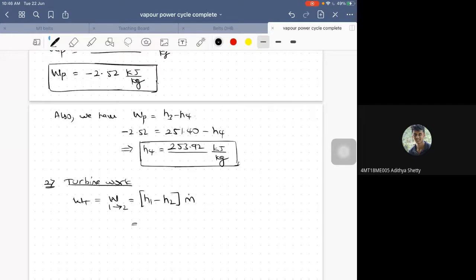It is 2801.7 minus 2067.29, multiplied by the m dot value, which is 10. Whatever value you get would be in kilowatts.